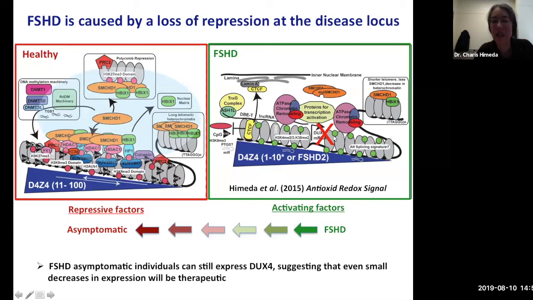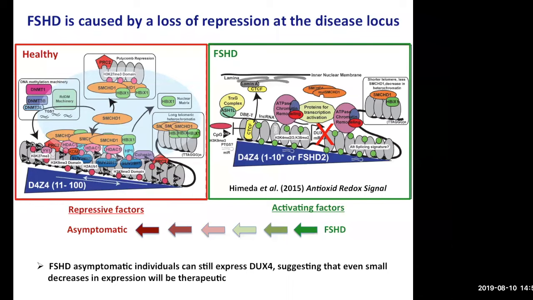I did find several good candidates. We are currently studying those candidates in muscle, what they do, how important they are in muscle, and what the consequences are of inhibiting them, because these are great targets for drugs to turn off the things that turn on DUX4. Yeah, absolutely, and other labs are also working on this.